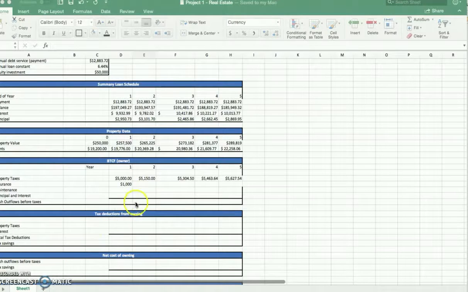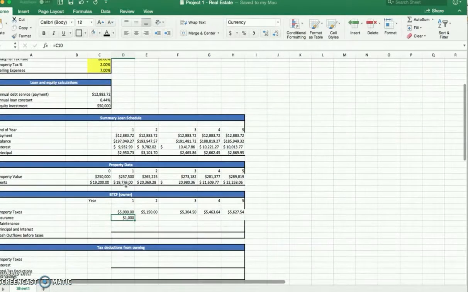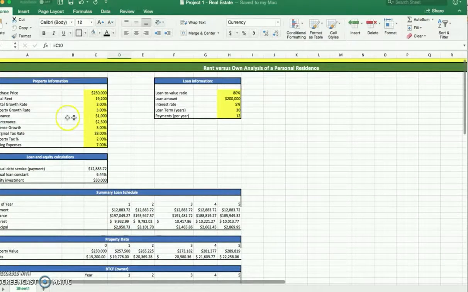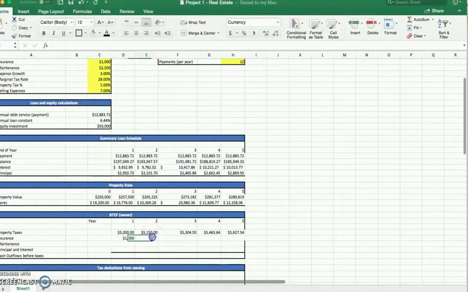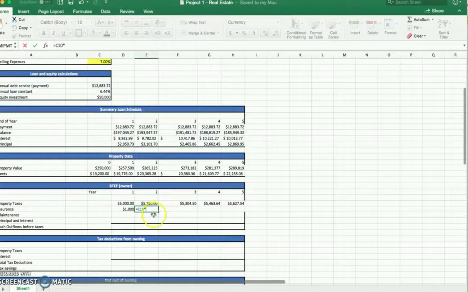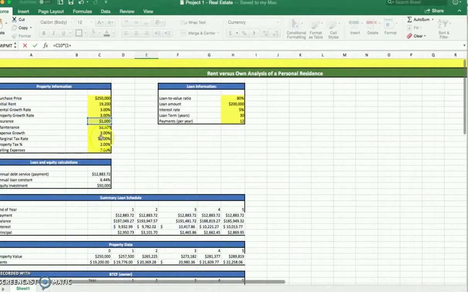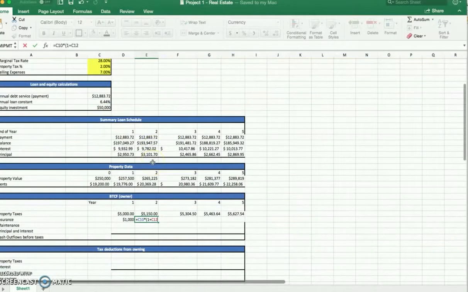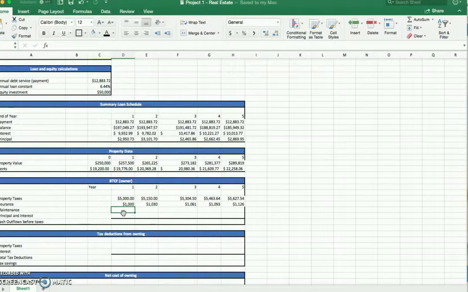So for the insurance, it's going to be $1,000 for the first year, which comes from up here, and then for the following years, it's going to be $1,000 times 1 plus that expense growth rate. So for maintenance, it's exactly the same as it was for insurance.